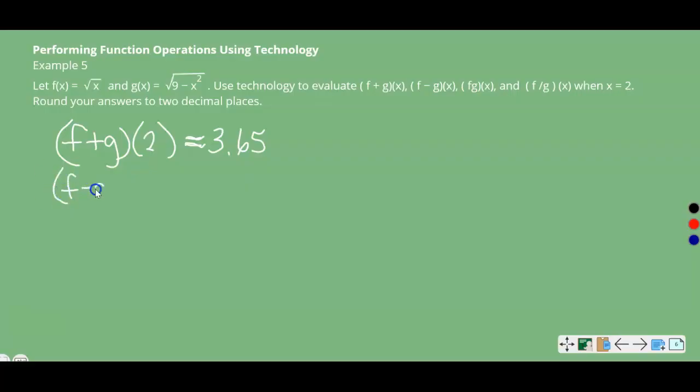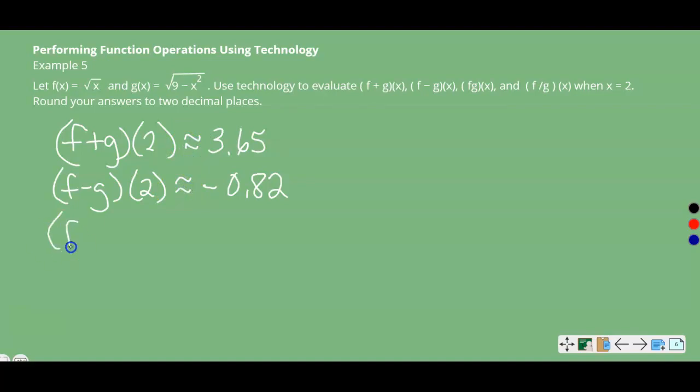So f minus g of 2 is going to be about negative 0.82. Again, since I rounded it, those are not exact.